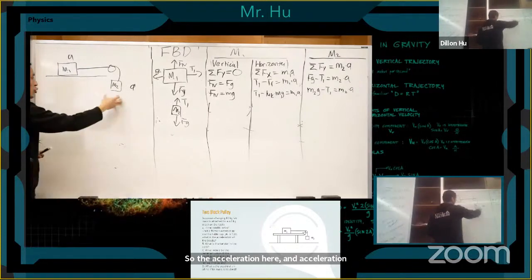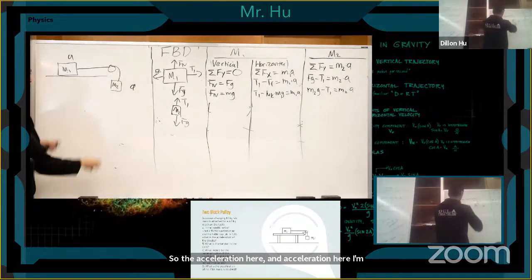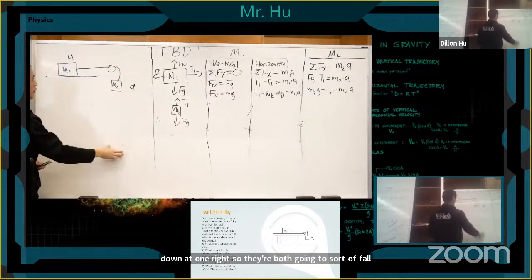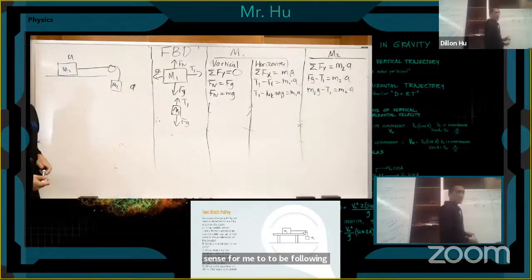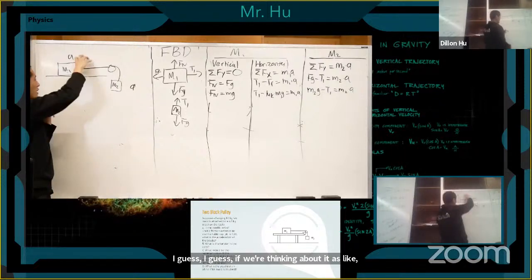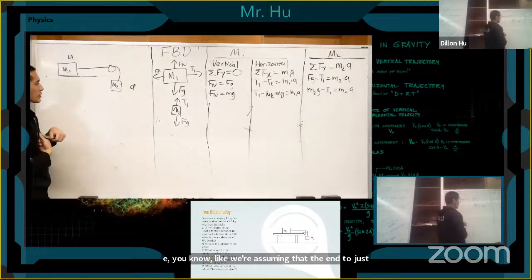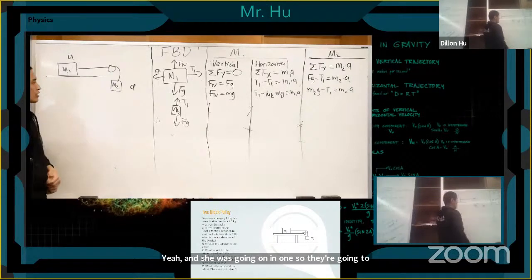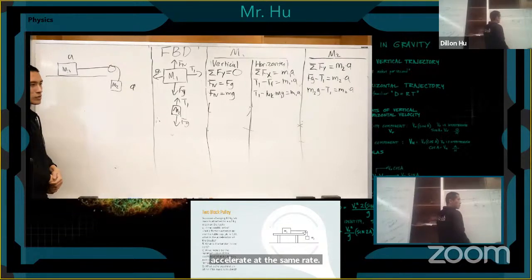Because M2 is pulling down M1, so they're both going to fall together at the same rate. It wouldn't make sense for them to accelerate differently, assuming M2 is pulling down M1 perfectly. So they're going to accelerate at the same rate.